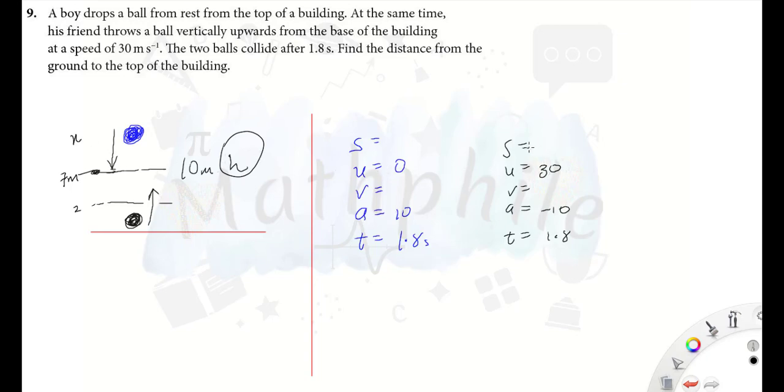First, let's calculate the distance traveled by each object. So calculate the distance traveled by the blue ball and the black ball.